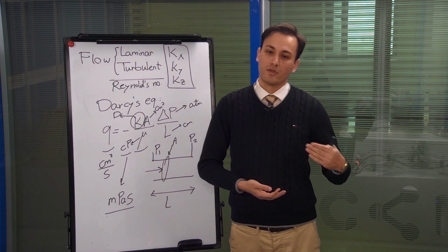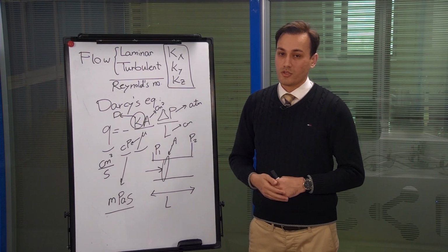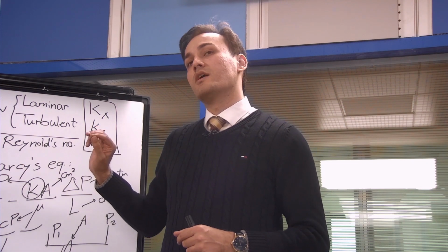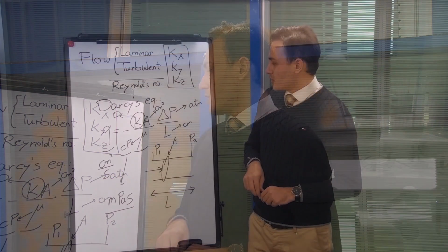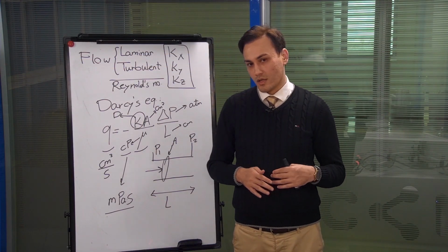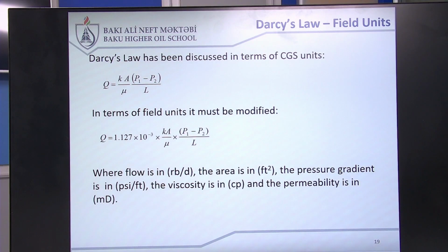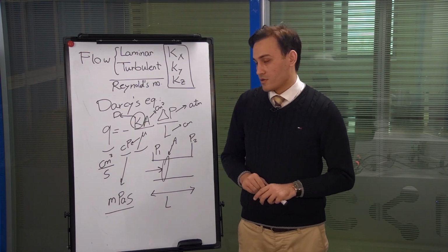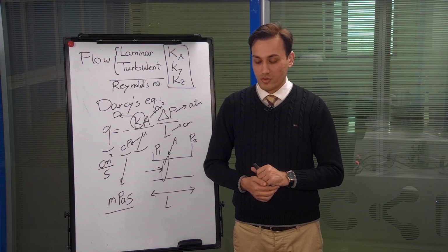When the value for the pressure or any parameter is given, you have two options. Either you need to change the unit for each parameter each time, or you can just have a general formula with a conversion factor, and then you can use the values directly. If we want to use the values directly in the equation in some unit system, which is called field unit, very much similar to BTU, in that case, we need to add a conversion factor here, and that conversion factor is equivalent, as you can see here, to 1.127.